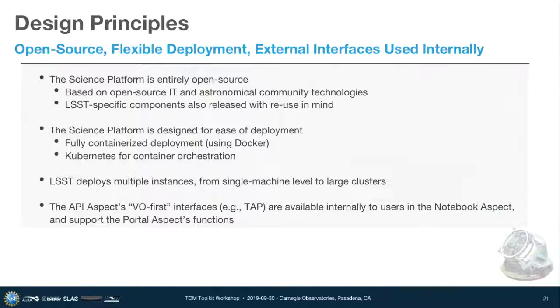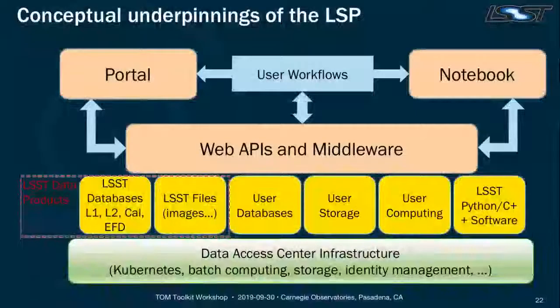And the VO first philosophy applies not only externally but also internally. We use these protocols inside, for instance, between the portal and the backend databases. So conceptually, the portal aspect and the notebook aspect both rest on the same web APIs and other middleware that we use.